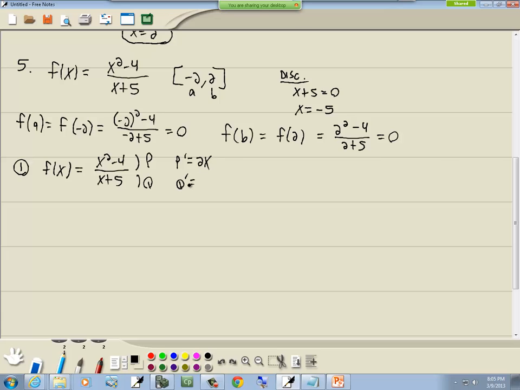Q prime, the derivative of x plus 5 is 1. So our formula for the quotient rule is p prime q minus p q prime over q squared. P prime we said was 2x times q, which was x plus 5, minus p, which was x squared minus 4, times q prime, which was 1, all over q squared.